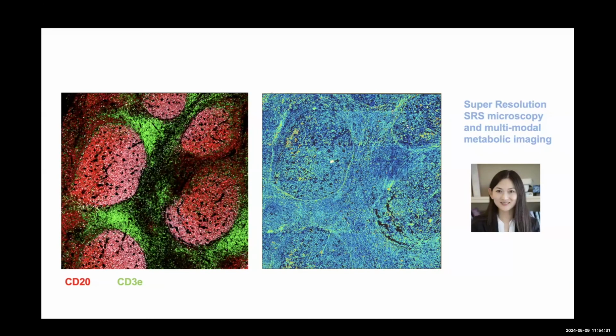Another powerful approach is that we can further integrate a spatial metabolic activity assay, shown here, done by a microscopy technique called super-resolution stimulated Raman scattering, in collaboration with Dr. Nietzsche at UCSD. So from the same tissue and the same cell, now you can see the metabolic activity. Apologize, you cannot see the description down here.